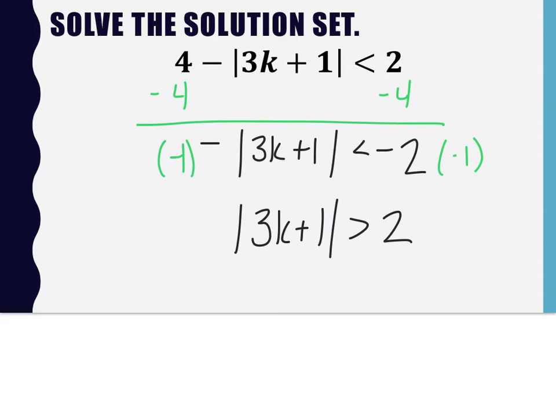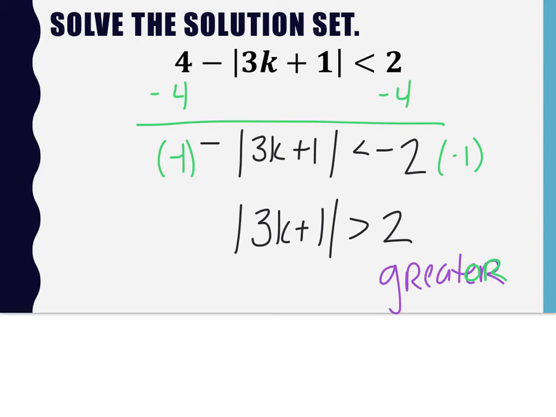Okay, so this is where it gets tricky and I always forget these little tricks. This says the absolute value of 3k plus 1 is greater than 2. If you end up with a greater than statement, you're going to write an or statement.